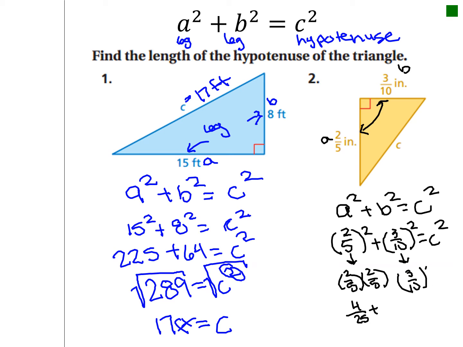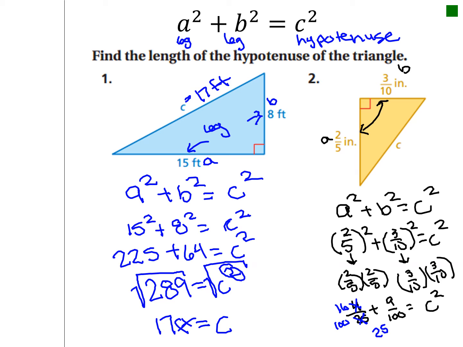Now 3/10 squared: 3 times 3 is 9, 10 times 10 is 100. Equals C squared. In order to add our fractions, we have to have like denominators. So I'm going to change 4/25 by multiplying by 4: 25 times 4 is 100, and 4 times 4 is 16. All right, 16 plus 9 is 25.